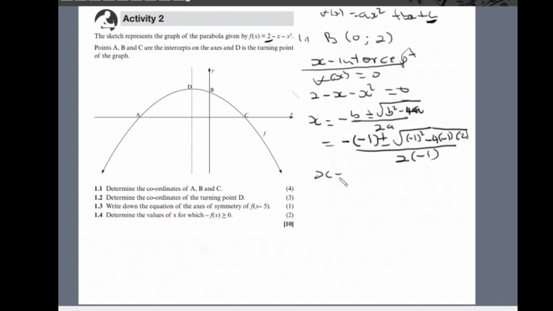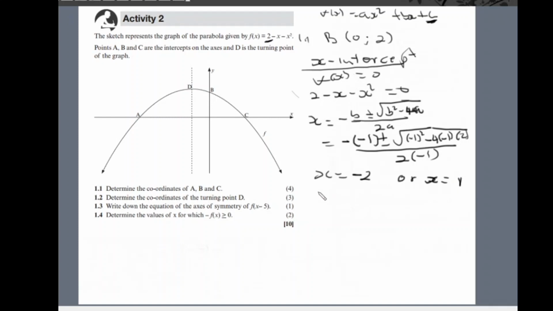So x equals, substituting in my calculator, 1 plus or minus the square root of 1 minus 4ac. x equals minus 2, or x equals 1.